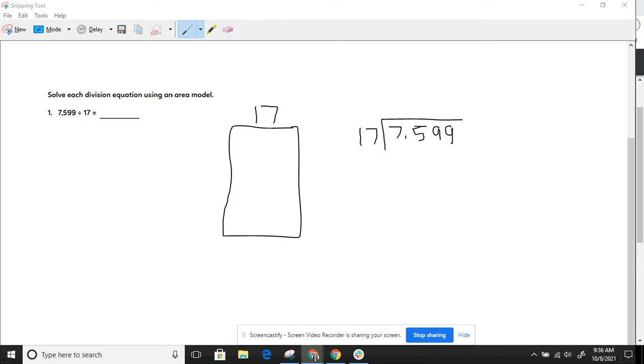Next, we need to look at this divisor, which is 17, and multiply 17 by a factor or another number that will get us close to 7,599. I need to think, what can I multiply 17 by to get me close to 7,599? I honestly don't know that off the top of my head.